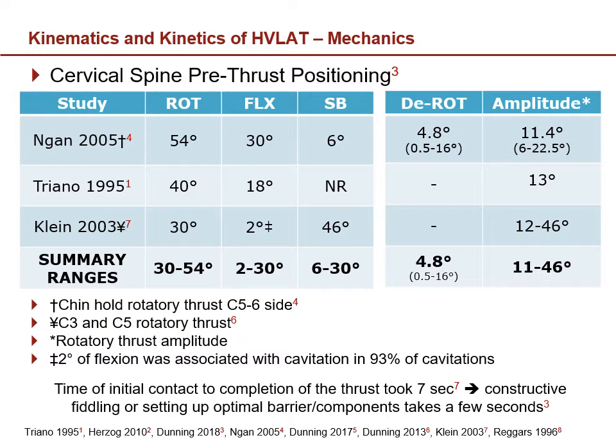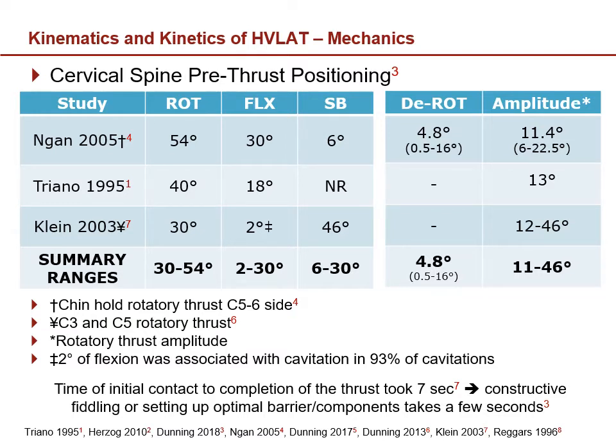So we see that rotation within the cervical spine would be between 30 and 50 degrees. The flexion is highly variable depending, I would say, on the technique and potentially even the level. And we'll talk about whether there's necessity in flexing or not the cervical spine.